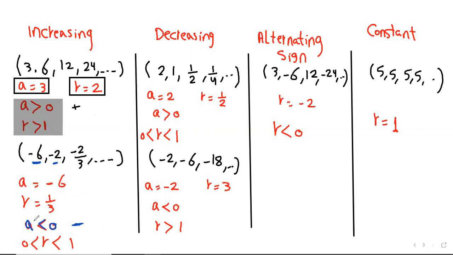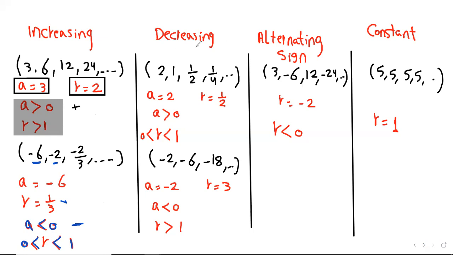So here in this sequence, A is less than 0, negative, and the common ratio is between 0 and 1, greater than 0 and less than 1. And R here is 1/3, which is between 0 and 1.